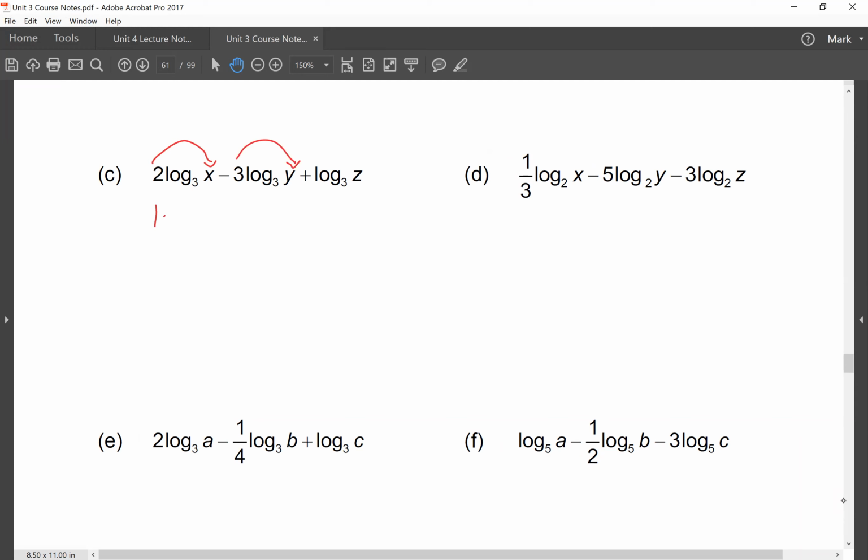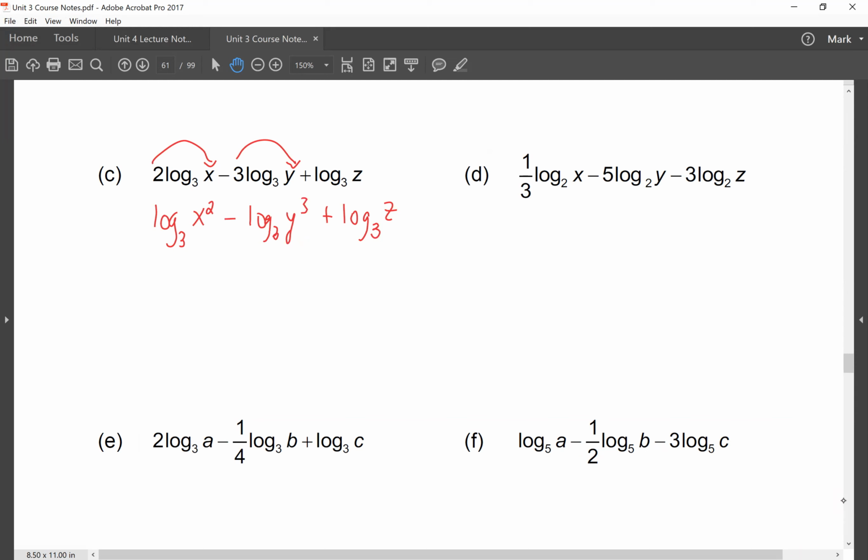So this would be log 3x squared minus log 3y cubed plus log 3z. There's nothing with the z. Now, the book mentions to group the positive terms, but really what this means is we're going to have a division and a multiplication.